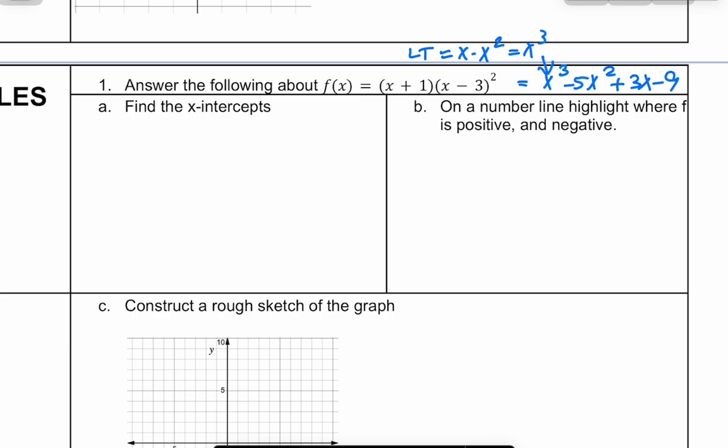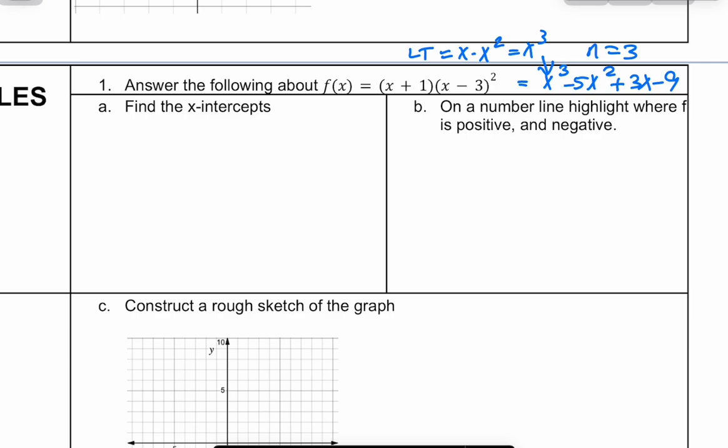If you were to actually FOIL the x minus 3 times x minus 3, it is x squared minus 6x plus 9, and then you multiplied it by x plus 1, did that whole long multiplication, and combined like terms, you get x cubed minus 5x squared plus 3x minus 9, which is a perfect example of a polynomial. This is a polynomial with degree 3. So I'm going to say n is 3. So the degree of this polynomial is 3. Okay.